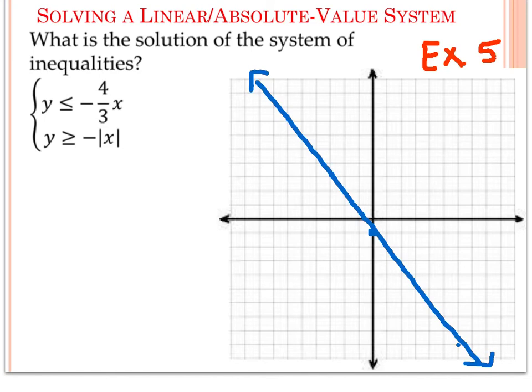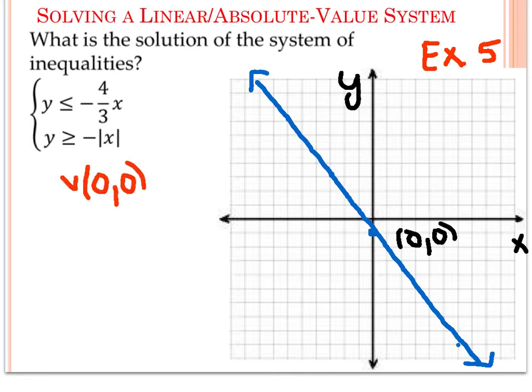All right. So now I'm going to go ahead and graph the other line after I label my y-intercept. All right, so the other line is going to be an absolute value, so it's going to be a V with a vertex at 0, 0, and it's going to be facing downward.